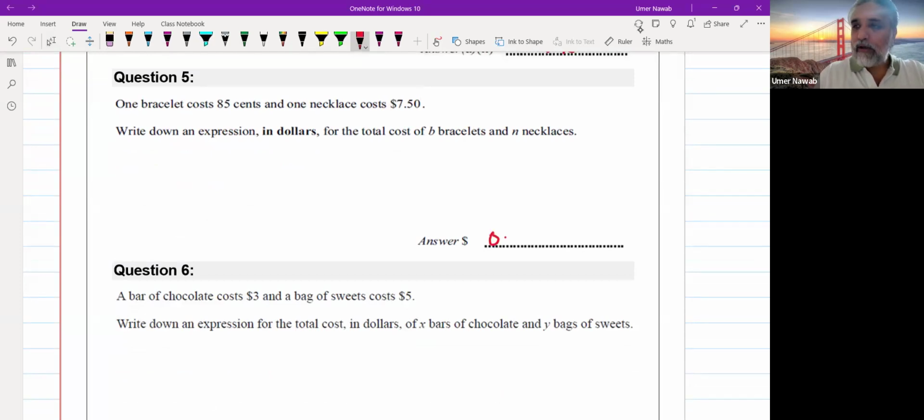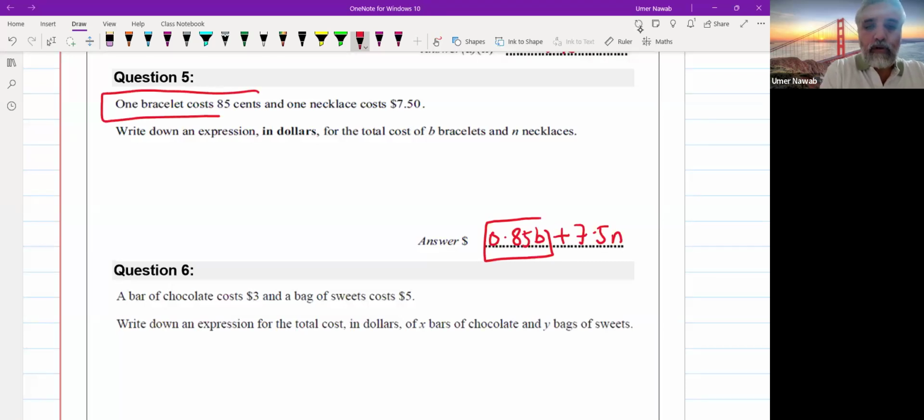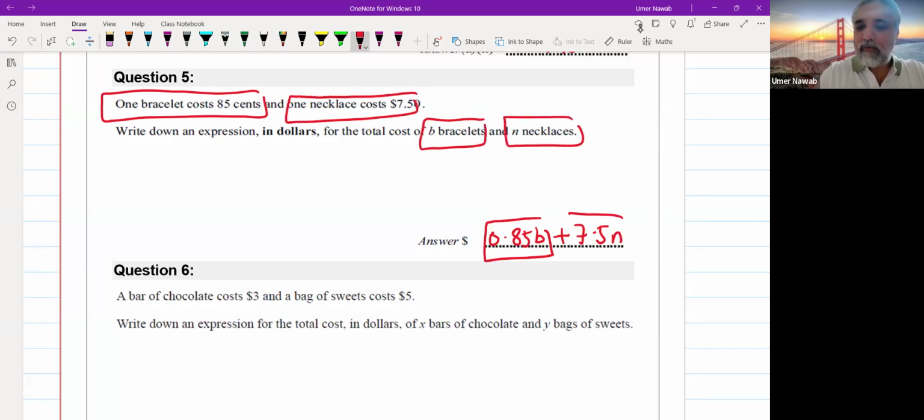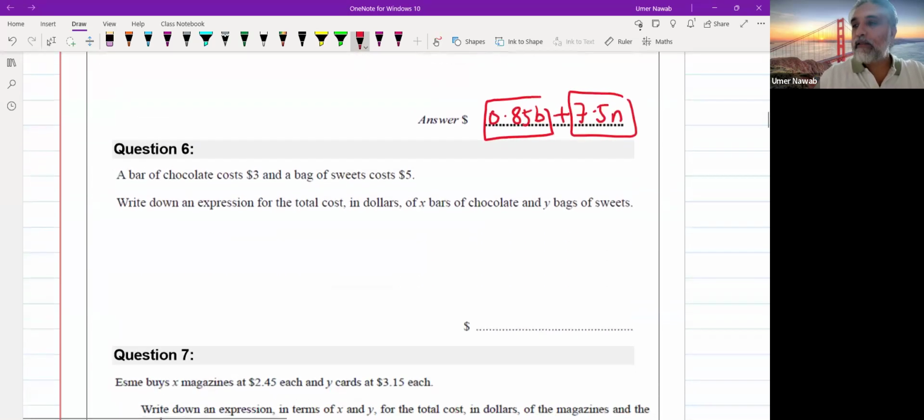So I'm going to just write their answers directly, 0.5p plus 7.5n. This is the price of B bracelets, and this is the price of N necklaces. Next, I have here 3x plus 5y.